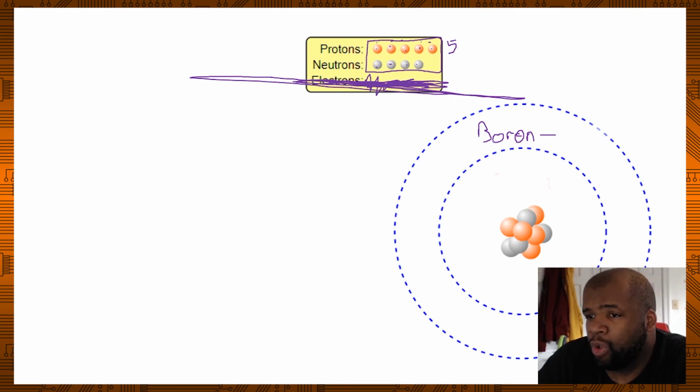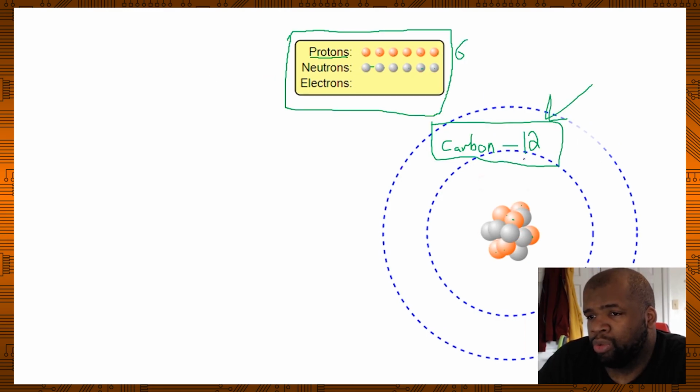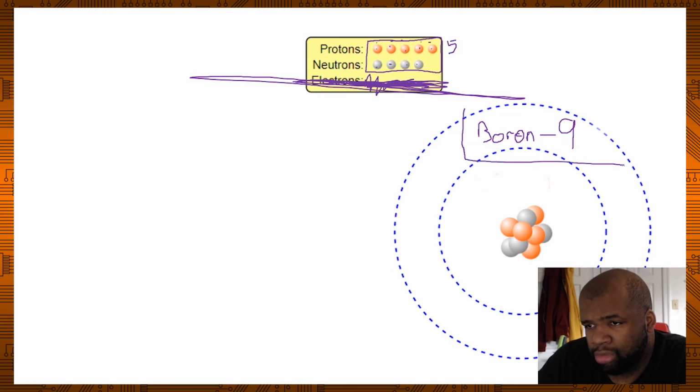Since we have 9 total, our atom name is going to be boron 9. So, number 1 was carbon-12. Number 2 is boron-9. I apologize that my writing's a little sloppy. Writing with a mouse just isn't easy for me.